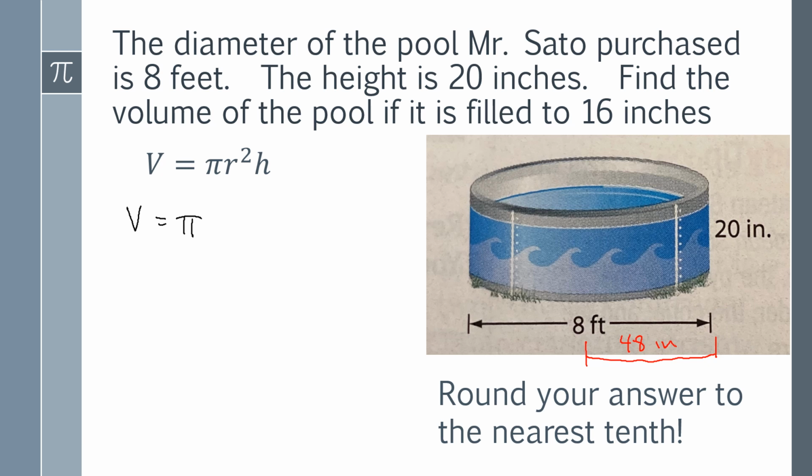So pi times the radius squared. So 48 squared times the height, which is 20. So the volume is equal to 48 squared. I punch in the calculator, I get 2,304, and I multiply that by 20, and I got 46,080 pi.